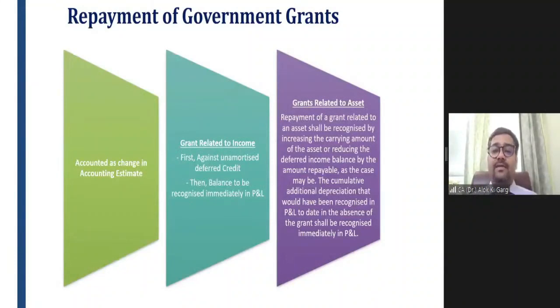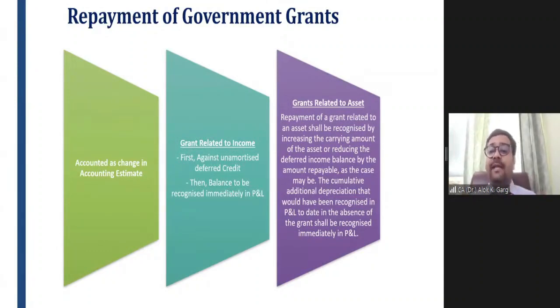Now we are discussing a very important part of the standard, and let me tell you, when this concept was asked in the examination, at times students make mistakes. So let's understand this concept very critically.